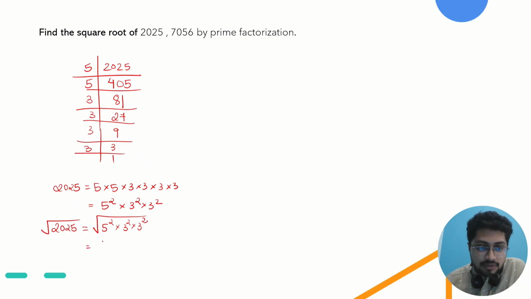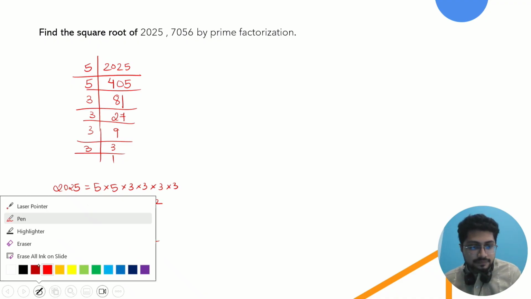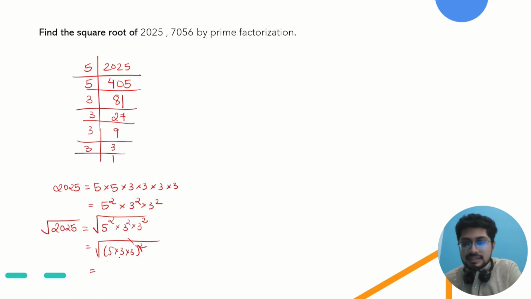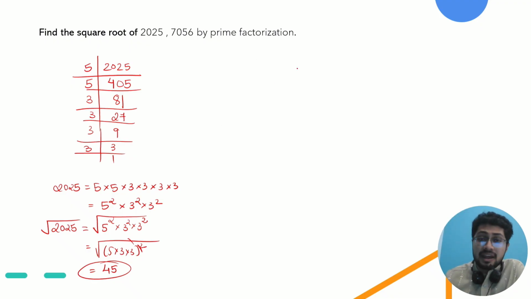So if you do both sides square root, you can do one more step over here. 5 multiply by 3 multiply by 3 whole square, square root cut, and you are having the answer. 5 3s are 15, 15 3s are 45. That's how you can find the square root by the prime factorization.